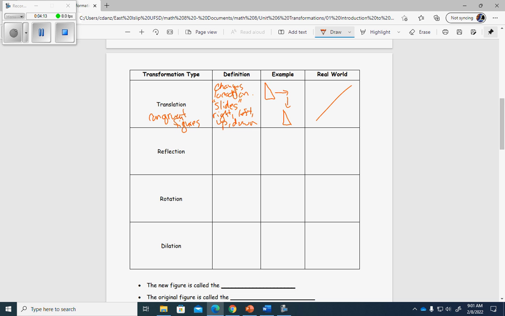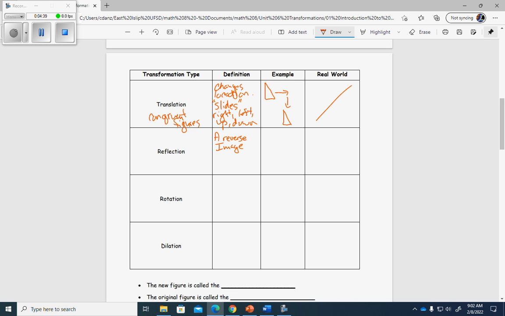A reflection, well, we see our reflection every day in our mirror. Imagine if you were wearing a shirt with writing on it. When you look at your reflection in a mirror, aren't the letters backwards? So a reflection is a reverse image. It really flips over a line.